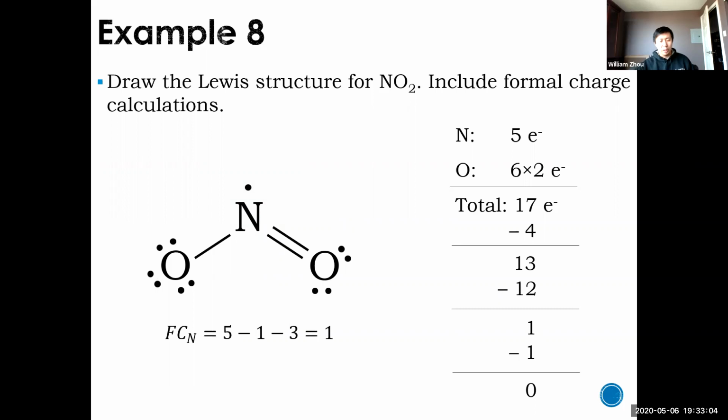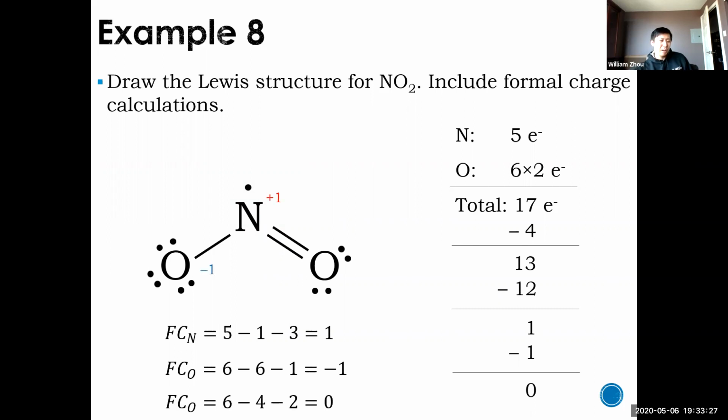If you do the formal charge, very sad, the nitrogen has a +1. All right, 5 valence, minus 1 lone electron, minus the 3 bonds, you have +1. The single bond oxygen, 6 valence electrons, minus 6 non-bonding electrons, minus 1 bond, that's -1.